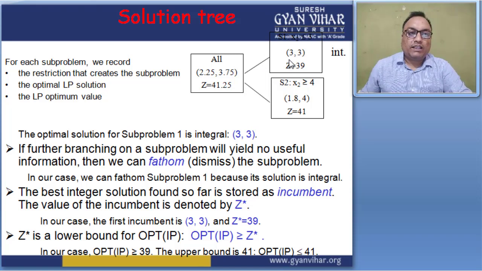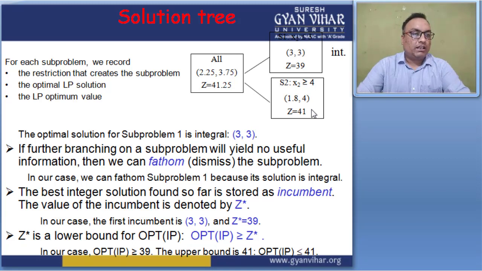In the first case the optimal point is 3, 3, and in the second case it is 1.8, 4. So the optimal values are z equal to 39 and z equal to 41.